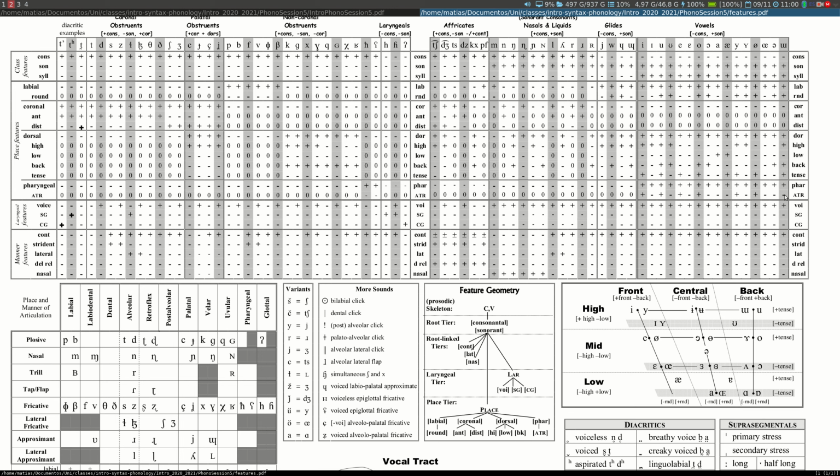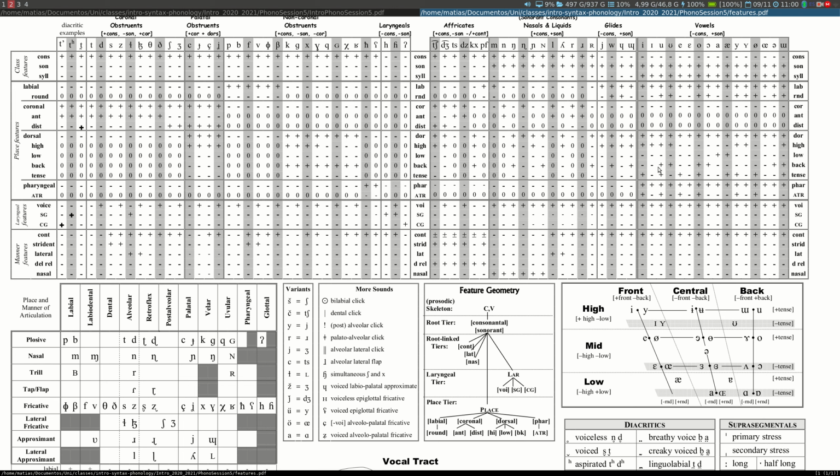Ah, no, I have it. Yes, so the distinction between this O and this O is basically ATR. And this is about the structure of the tongue root. So here is the distinction.